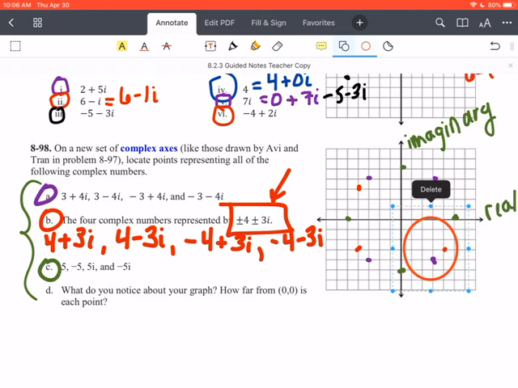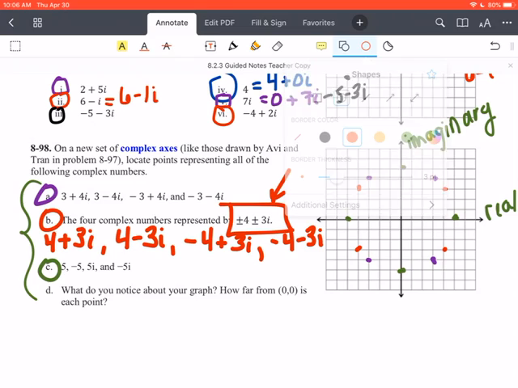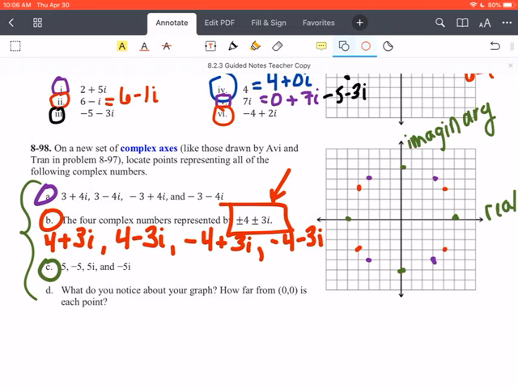Oh no. Delete. One more try and then I'll be done. Okay, we have that circular shape going on. This could be a lost cause. There we go.